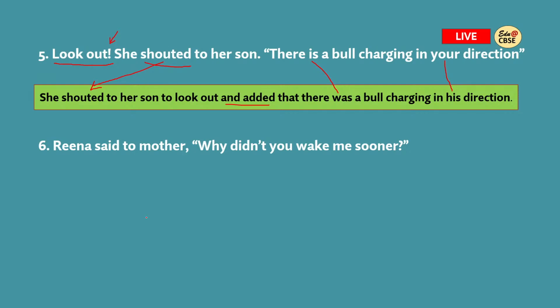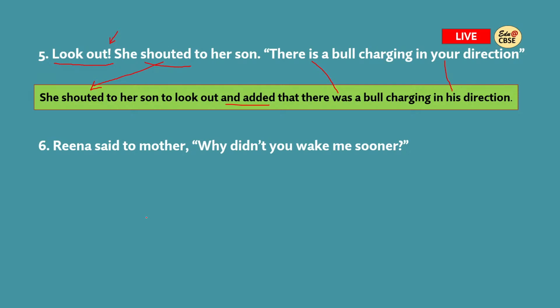Okay, Sanvi is writing. Sorry Sanvi, I missed it. You are asking if you write, she exclaimed with anger. Okay, she exclaimed with anger. If you write that, she exclaimed with anger that there was a bull charging in his direction, because it is look out, so look out is a warning.